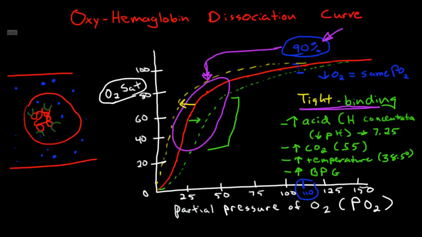and this tight binding can be caused by decreased acid or increased pH, so a pH of maybe 7.55, or a CO2 moving down to 25, or a temperature of maybe 35.5, or decreased BPG.